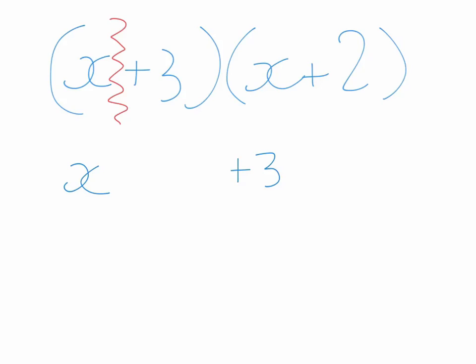We then open up our two sets of brackets, and everything in the second egg goes inside each of these brackets. So we get x plus 2 in the first set of brackets, and we get x plus 2 in the second set of brackets.